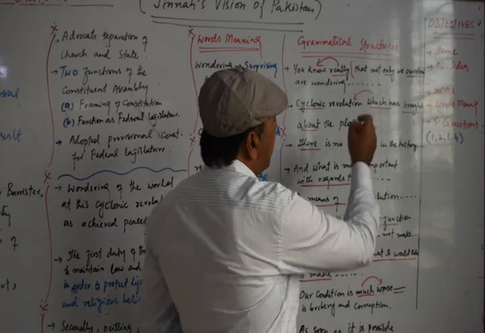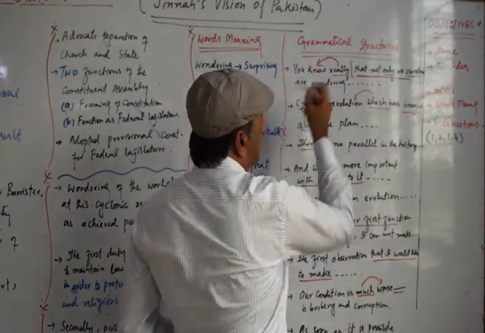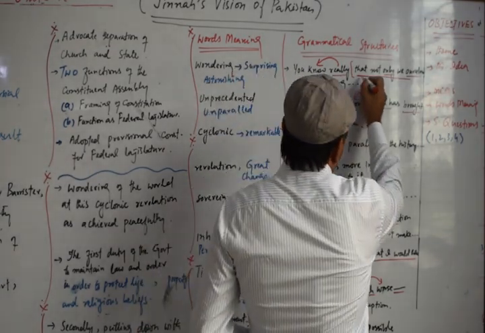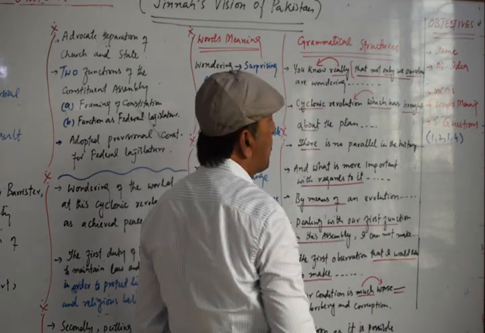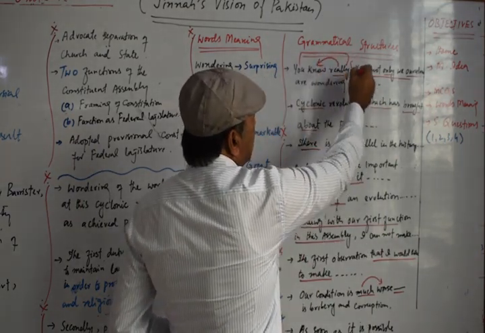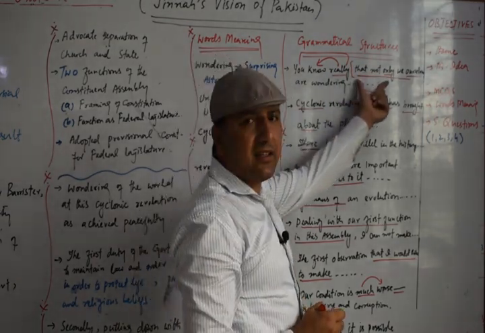Now the second clause starts from here. You know really, this is one clause. The next clause starts from that not only we ourselves are wandering, and so on. This is one clause and this is the second clause. Now this second clause works as a noun.